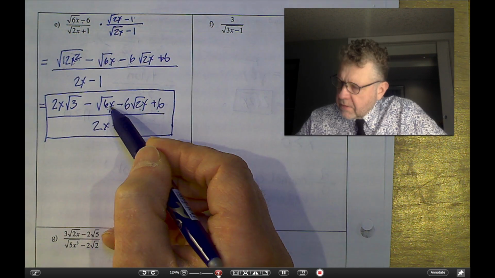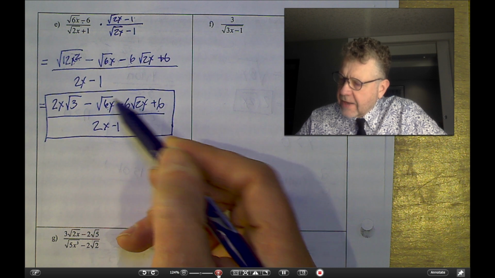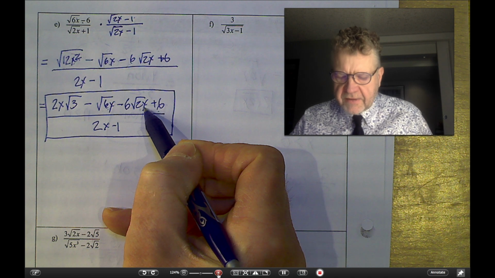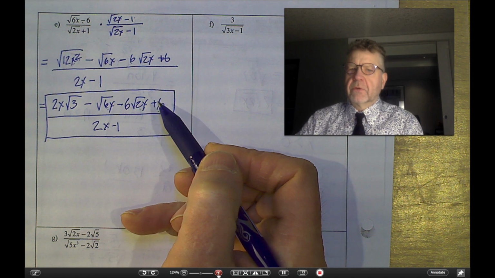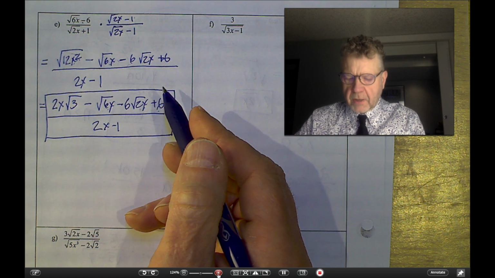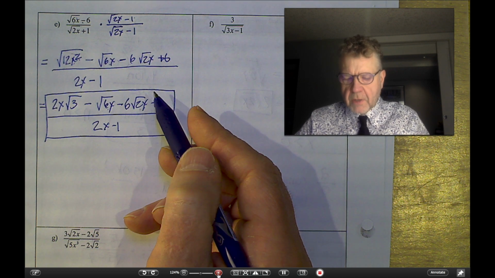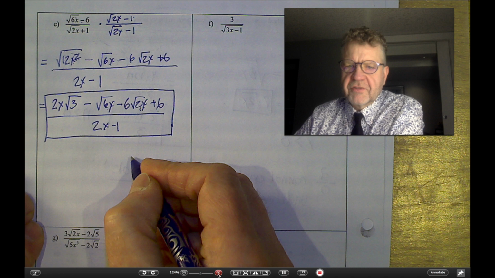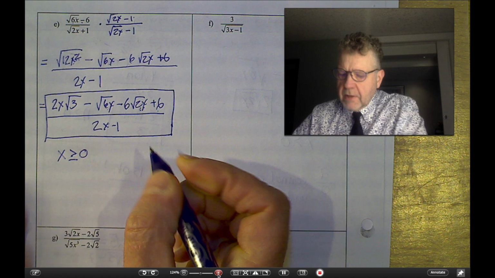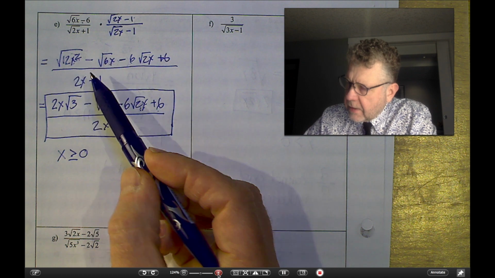Well, you've got an x inside a radical of a square root and an x, so that tells me that x has to be at least greater than or equal to 0. X can't be negative. Okay, so keep that in our back pocket, and let's see what else works out here. Well, let's just write that down right now. X must be greater than or equal to 0 because of what's going on here.